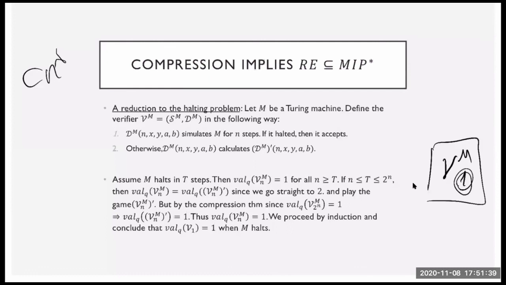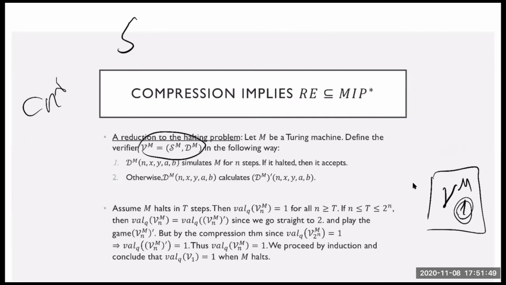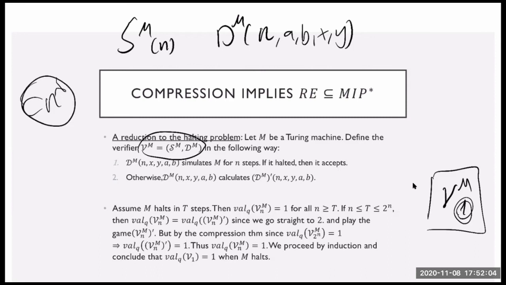My claim is that this V_M is what I called nice enough, which means that S_M,N and D_M,N, with ABXY or however I route it, both of them run in at most this amount of time. Guy, I'm not sure what you call polynomial time. Polynomial time in what? So I claimed polynomial time in N with no respect to A, B, X, and Y.